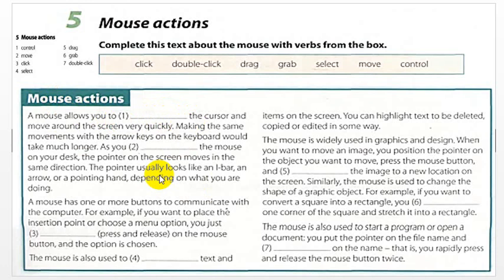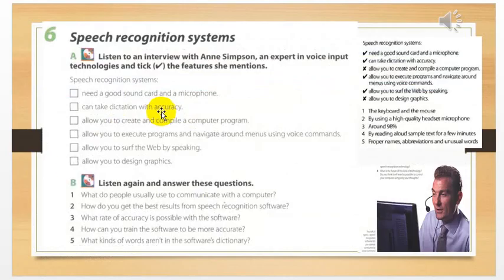Okay, and what do we have here in this slide? A speech recognition system. Here is the listening. You can play it here, and please do it by yourself. This is a person who talks about speech recognition, and you can enable speech recognition from the control panel.